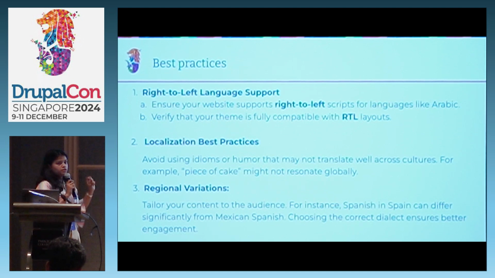So avoid using that kind of idioms. And the third one would be regional variations. There are different dialects for a single language when it is spoken across different regions. So for example, Spanish in Spain can differ from Mexican Spanish. So it is important that we detect the region from where the user is accessing the site, and we show the correct dialect for that.